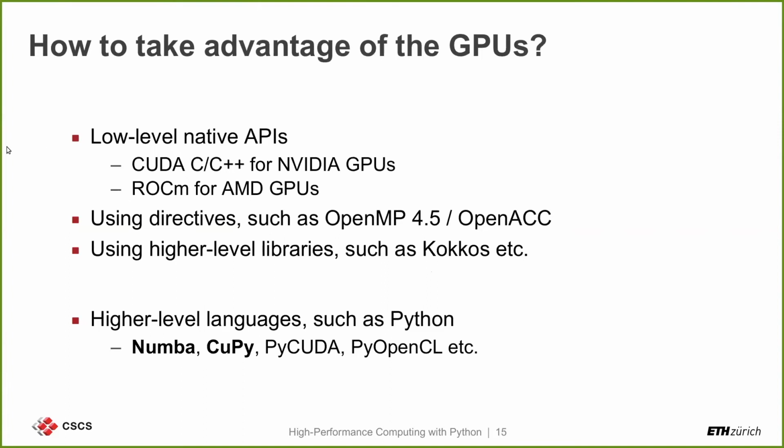Now, how do we take advantage of the GPUs? I said in the beginning that different programming models have to be employed for this. We have the low-level native APIs where you need to go at the lowest level with CUDA C++ for NVIDIA GPUs and ROCm for AMD GPUs.